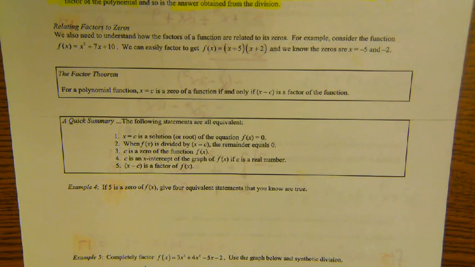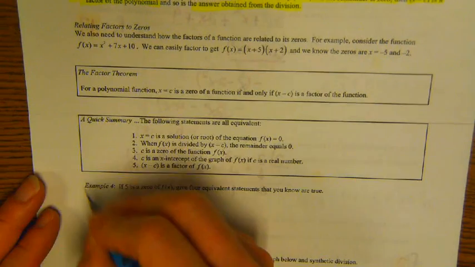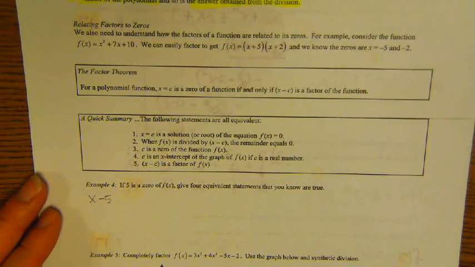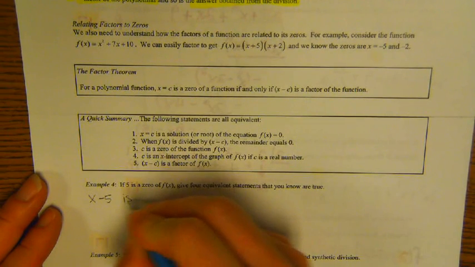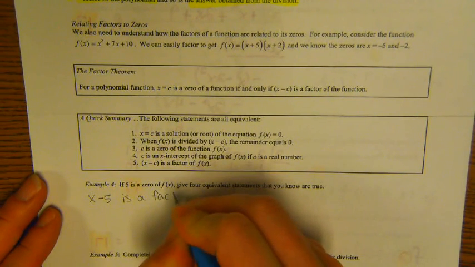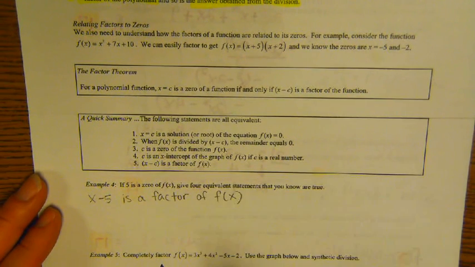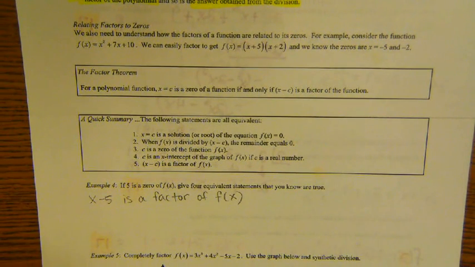Okay, you're telling me x minus 5 is a factor of f of x. So when we factor it, we would get another factor if we divided them.